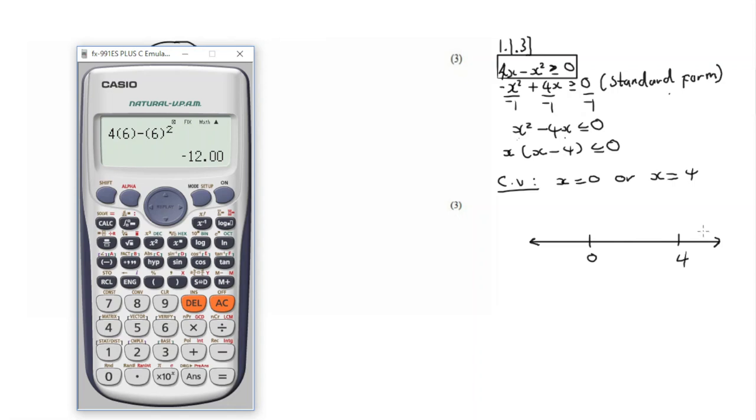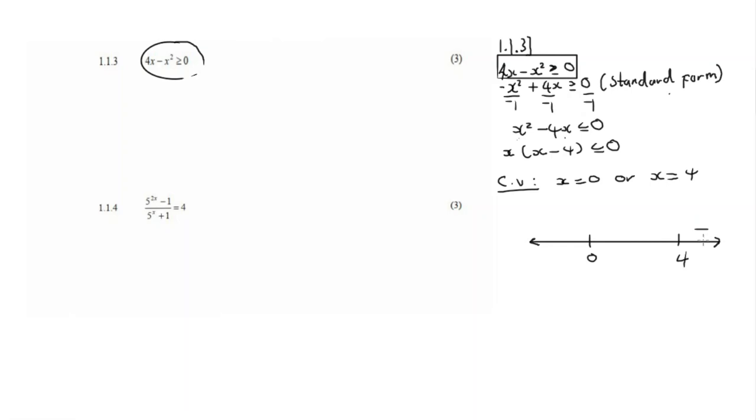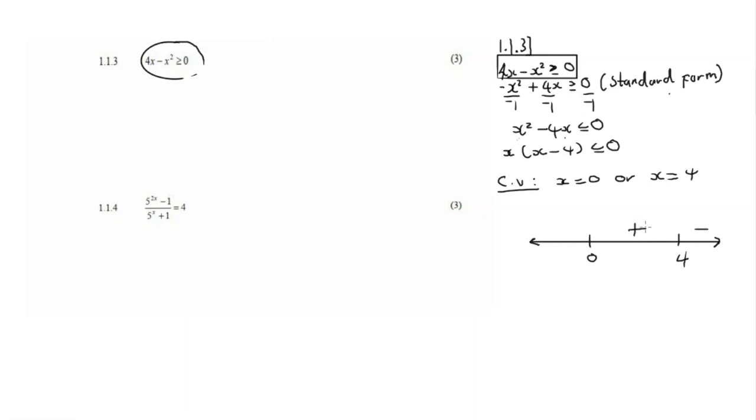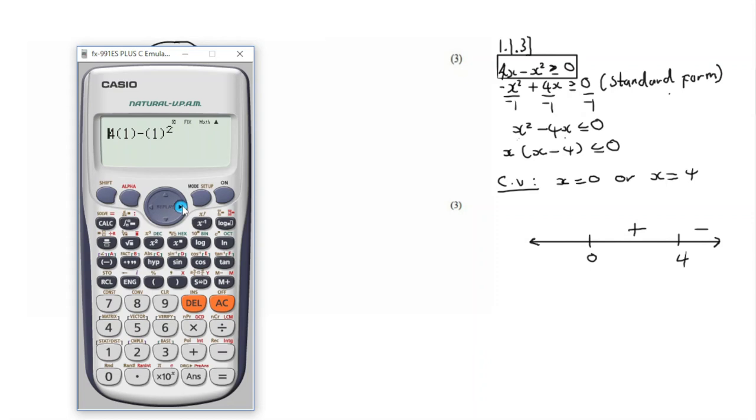So whenever I substitute a value greater than 4, I get a negative answer, right? Let's see, let's substitute a value that's between 0 and 4. Say 1. We put in 1. When I substitute 1 I get a value that's what? Positive. How about we substitute a value that's less than 0? Less than 0, negative 1.